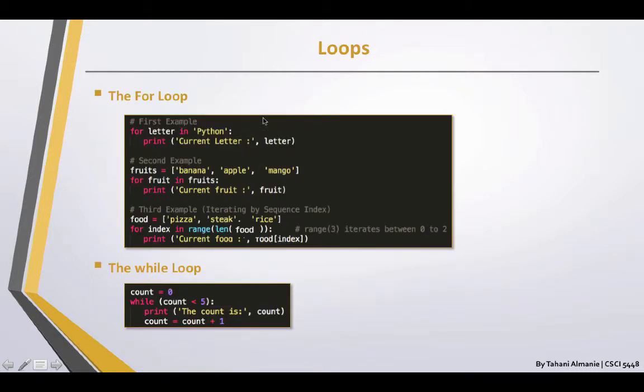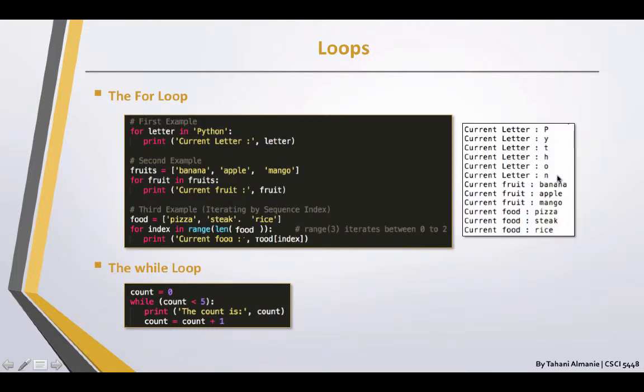The for loop in Python is clear and very easy to implement. You have the for keyword and in, and here any variable name, and here the list or string that you want to go through. So in this first example, for each letter in this string, print this letter, and here for each element in this list, print this element.